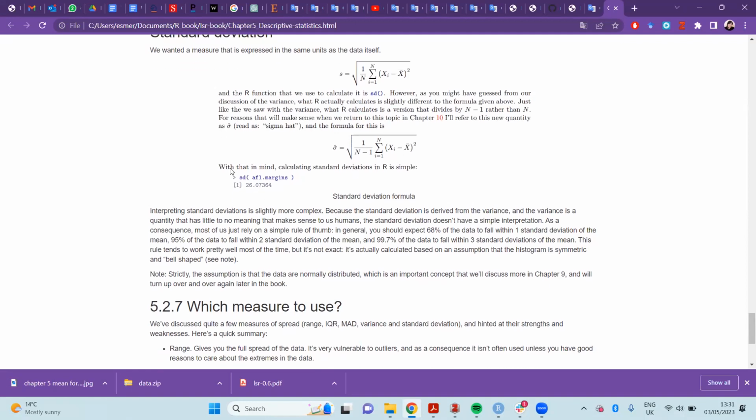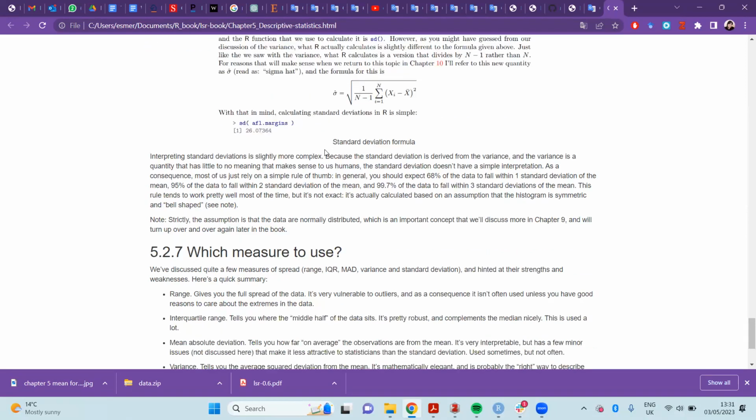There is also a function for obtaining the standard deviation, which is sd. By default, as I said, R gives us the results using the formula for the sample.